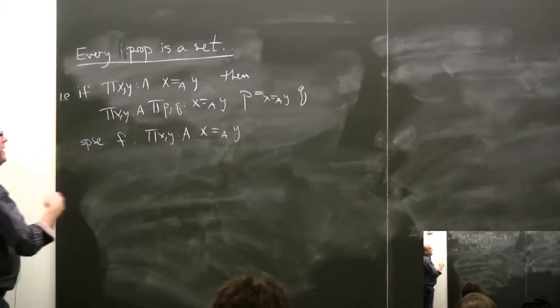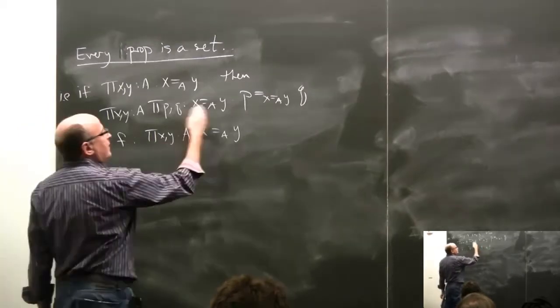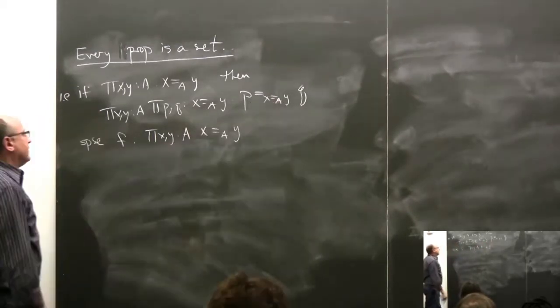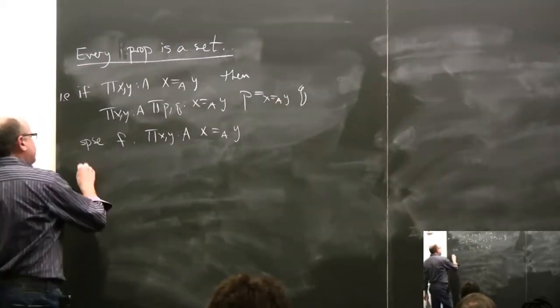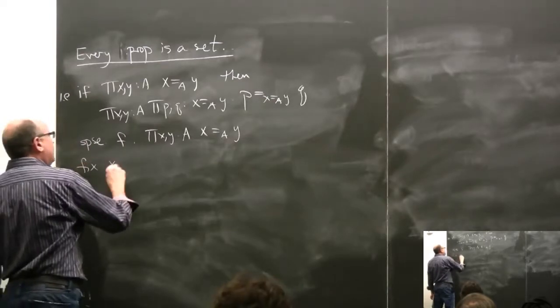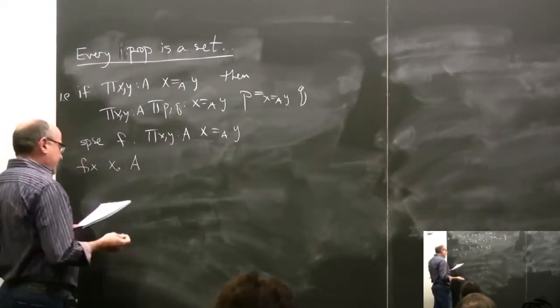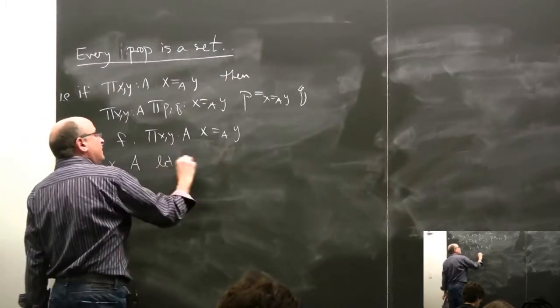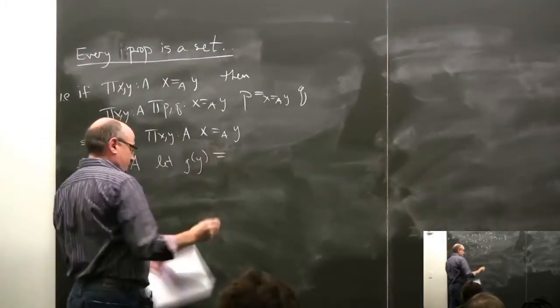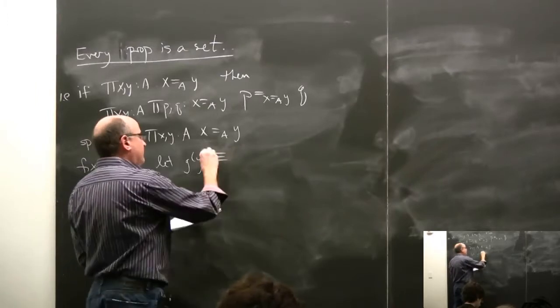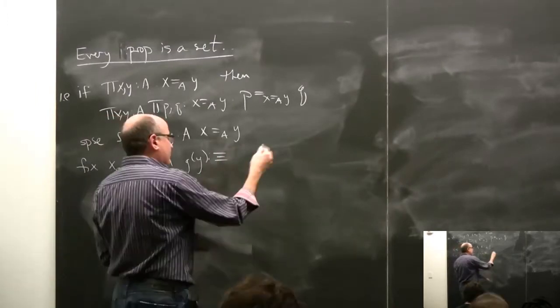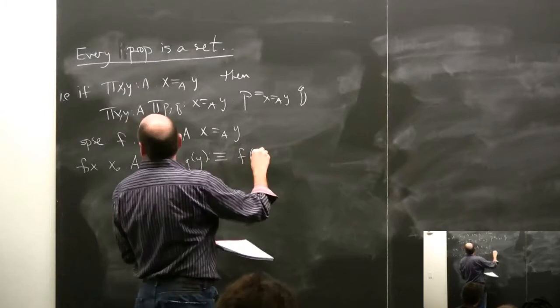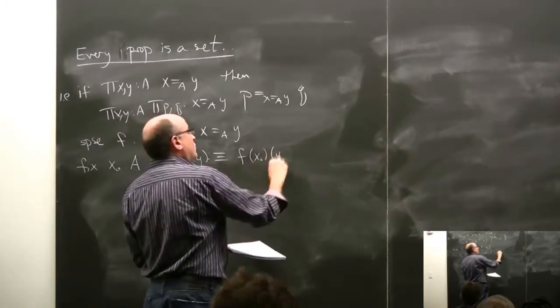Okay, so I now want to turn that into a statement about paths between paths. So how are we going to do that? It turns out a way to do this is we'll fix an x naught, and let g of y be, by definition, the partial application of f of x naught and y.